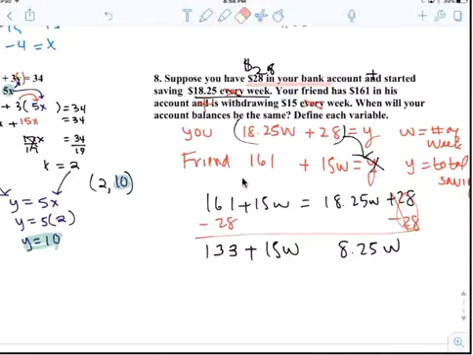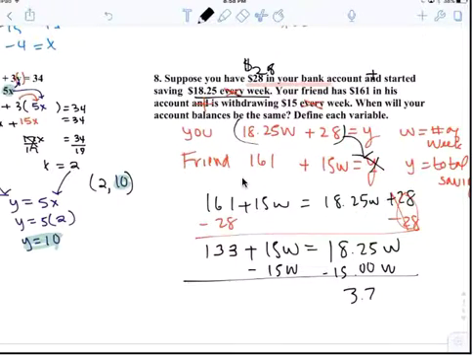Let's get rid of the decimal. I think we can get rid of the decimal. We can work with decimals. Still work with decimals. Minus 15W, minus 15W. Okay. That gives you 3.25W equals 133.